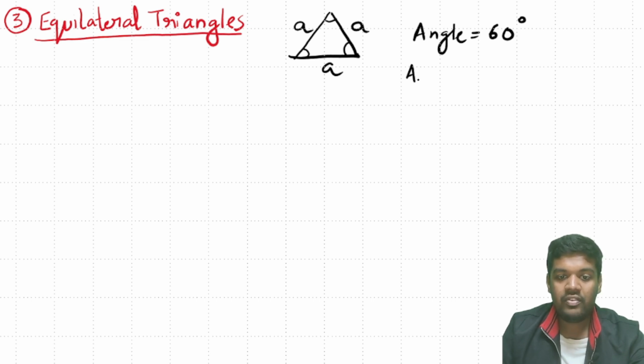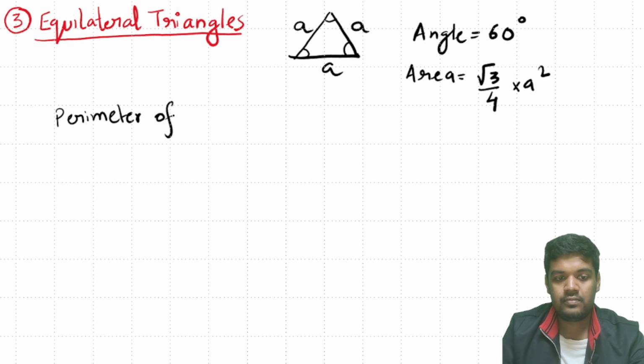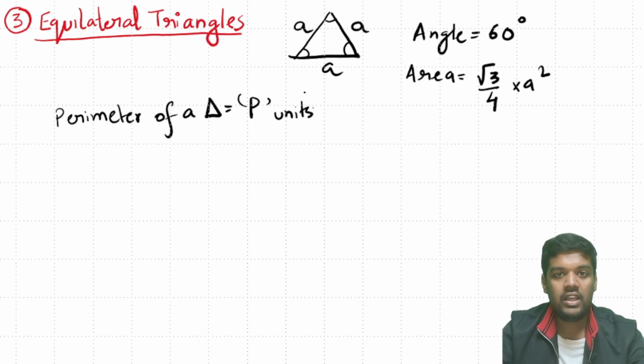Now, area of an equilateral triangle, we have a standard formula as root 3 by 4 into a square, where a is the side of the triangle. Also, there is a concept that if a perimeter of a triangle is given, say a perimeter of a triangle equals p units, now equilateral triangle will be the only triangle with a perimeter p which has the maximum area.